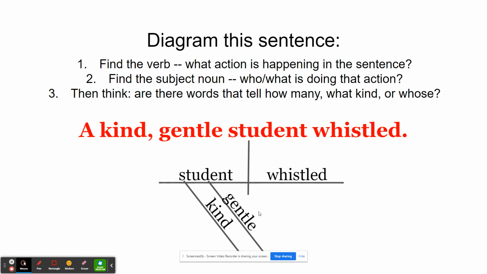So it would look like this. Student whistled is the core. A, kind, gentle all describe student, telling us what kind of student. Kind, what kind? Gentle. And A, remember, telling you that a noun is coming in the sentence.